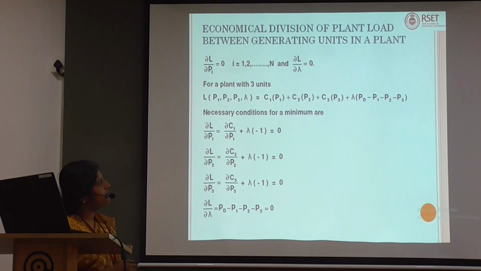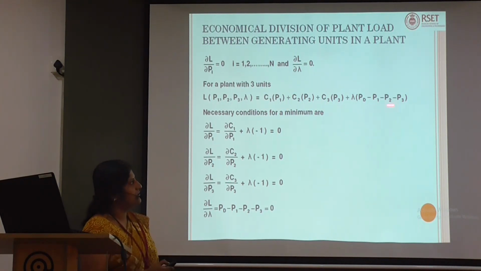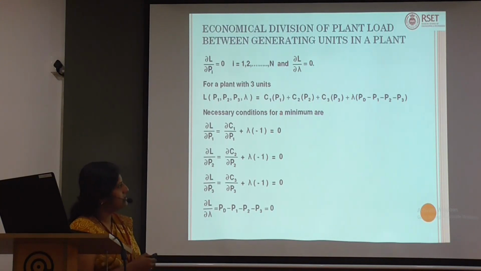Now let me go for the partial differentiation. For dou L by dou P1, when I do this differentiation, all the other terms are constants, so they become 0. So it's dou C1 by dou P1, and from the constraint term you will have minus 1. So this is dou C1 by dou P1 plus lambda times minus 1 equal to 0.